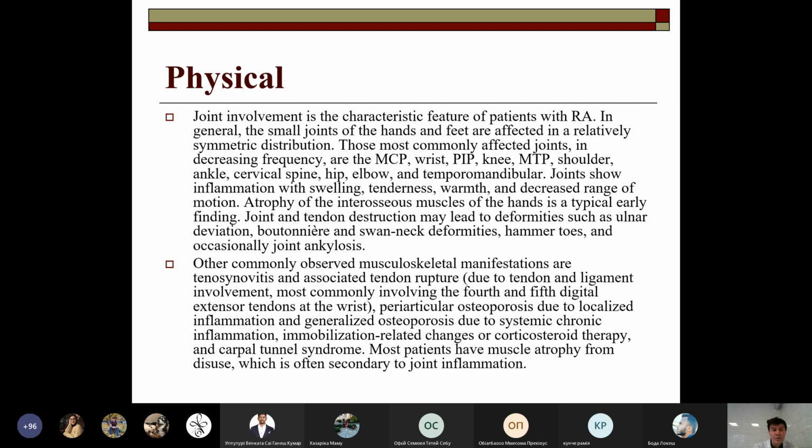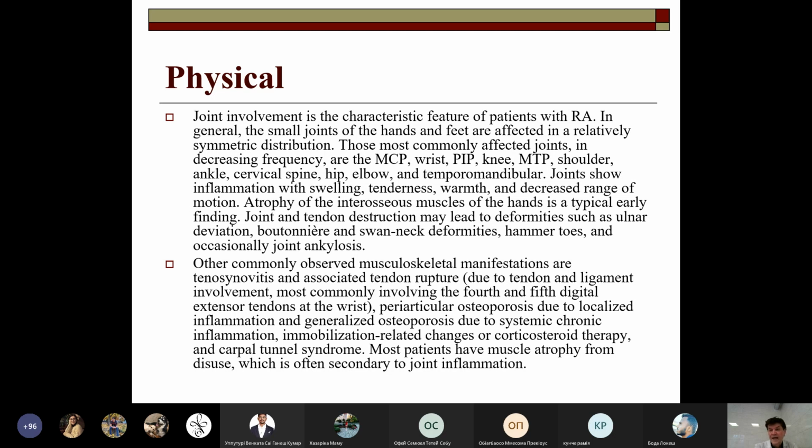The next topic is physical examination. On the slide you have the long list of joints which can be examined by you during this process. Please don't forget that 28 joints must be examined physically, and you should check each of them, and then complete the appropriate questionnaire called DAS-28.